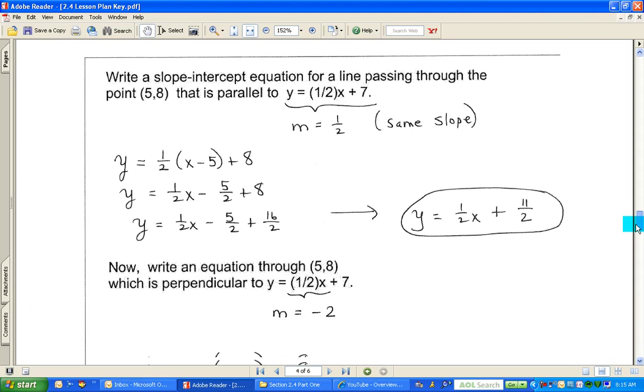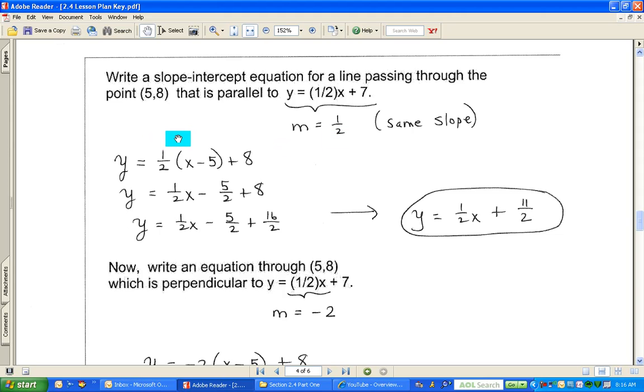Okay, now, write a slope intercept equation for a line passing through the point 5, 8, which is parallel to the equation y equals 1/2 x plus 7. Okay. If two lines are parallel, they have the same slope. If this equation does have slope 1/2, that means my equation that I'm looking for also has the same slope, which is 1/2.